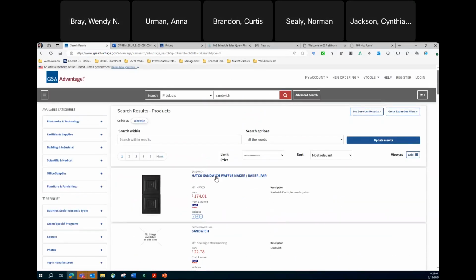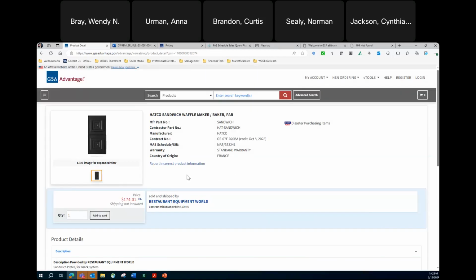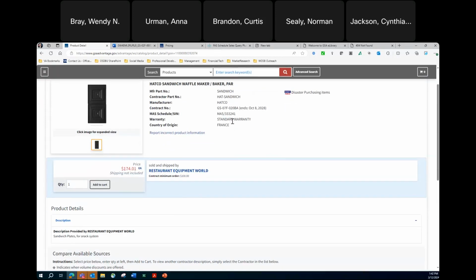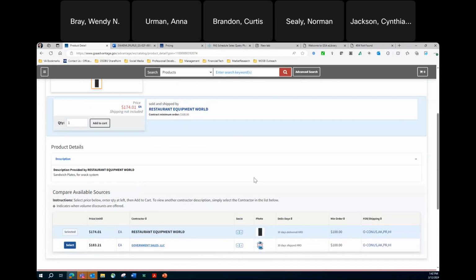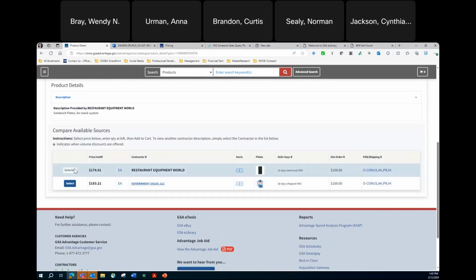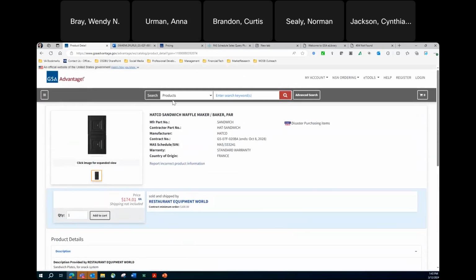Now, what you are able to do is, if you look at this product, it'll tell you specifics about its manufacturer, the pricing, what the origin was, and which vendors it's available from, as well as their contracts and their contract terms. So that's super quick on GSA Advantage.